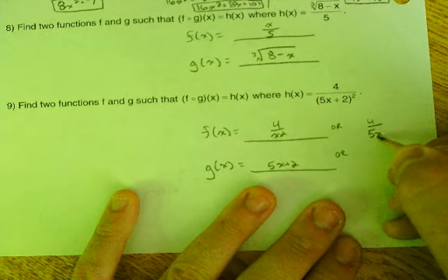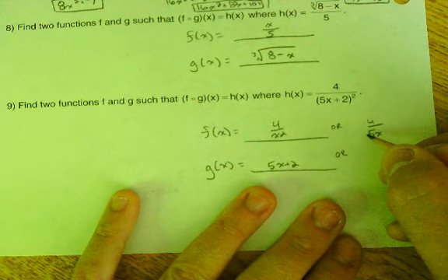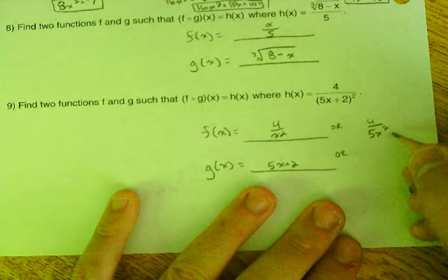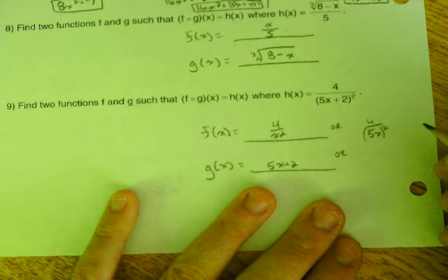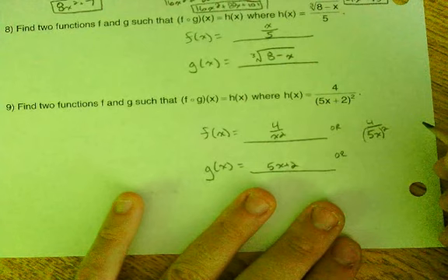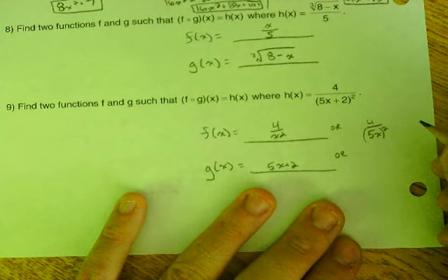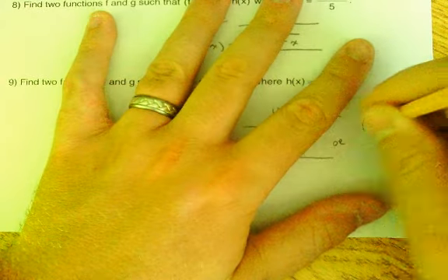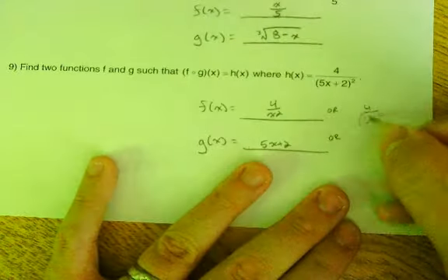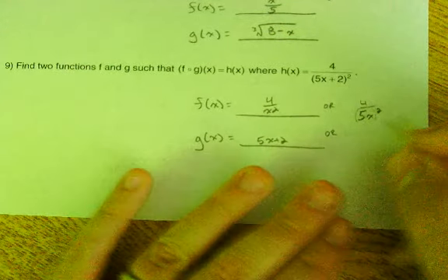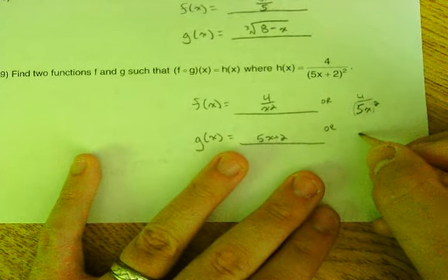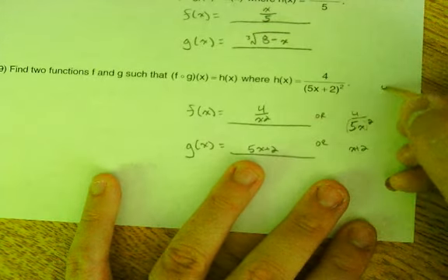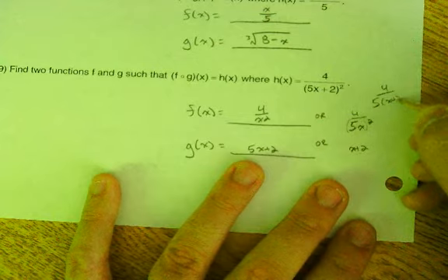Just the x's squared? Okay. No, 5x. The whole thing. And g of x is x plus 2? So does this work? If I plug that into there, I'm going to get 4 over 5x plus 2 squared. Is that the same thing? Unfortunately, it is not. You're in the right idea, though.